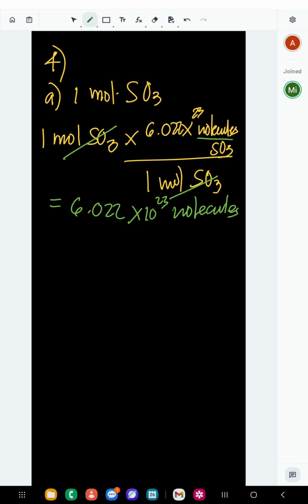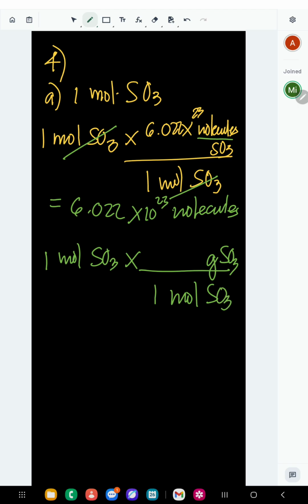And then the next one is you convert 1 mole SO3 to grams. So what is the molar mass of SO3? 16 times 3 plus sulfur.